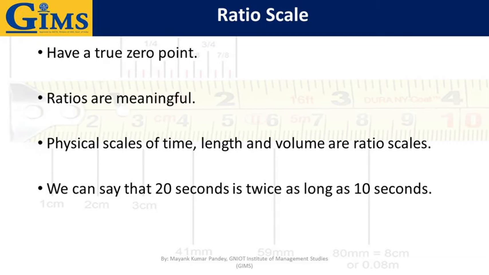Now come to ratio scale. This is one of the very powerful scales because it possesses all the characteristics of all the other scales, I would say, like interval scale, ordinal scale or nominal scale, because a ratio scale has a true 0 point, and if something has a true 0 point we can measure relationships, right?